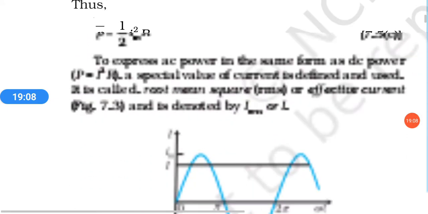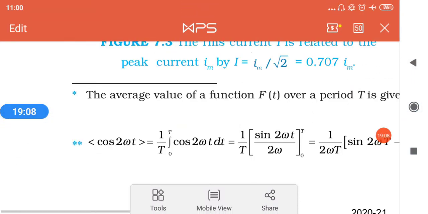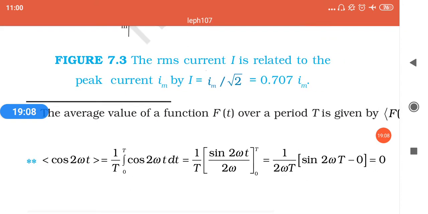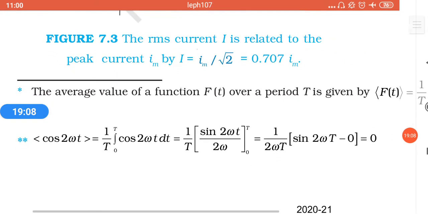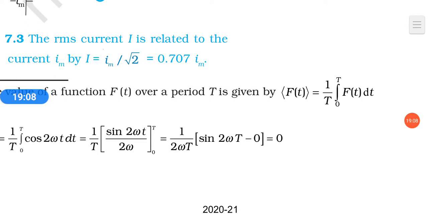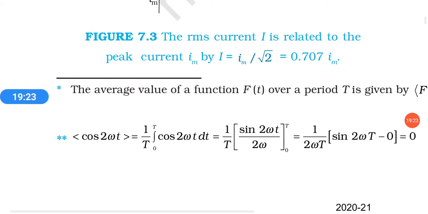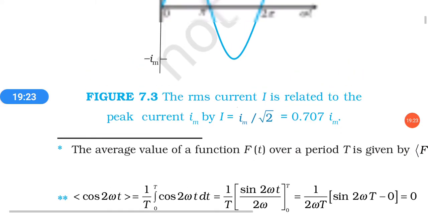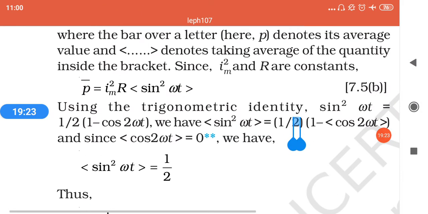As we know, the average value of a function f of t over a period T is given by 1 by T times the integral from 0 to T of f of t dt. Here our f of t is sin square omega t.